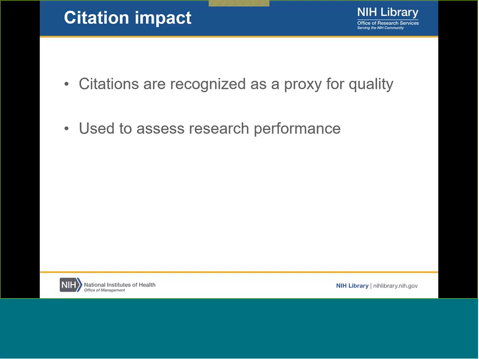So it's a proxy for quality, okay. And the second one is that it's being used to assess research performance. So basically what we say here is that we use citations to measure research performance, okay. And you can see that there are a lot of problems based on this specific assumption here.